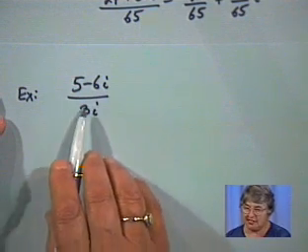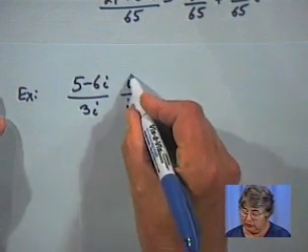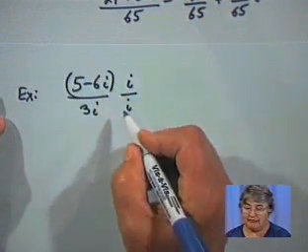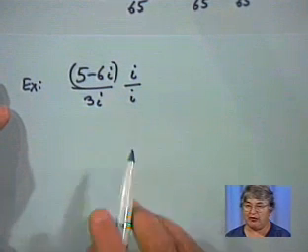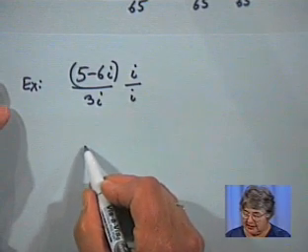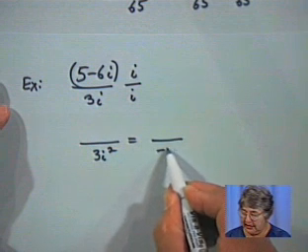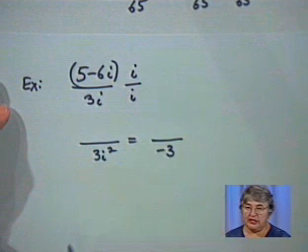So when we have just simply an imaginary number, all we really need to do is multiply by i over i. But you can also think of multiplying by the conjugate, and that would also work, since the denominator becomes 3i squared, and we end up with a plain negative 3 in the denominator.